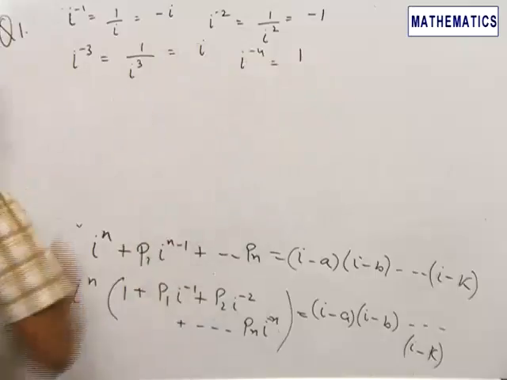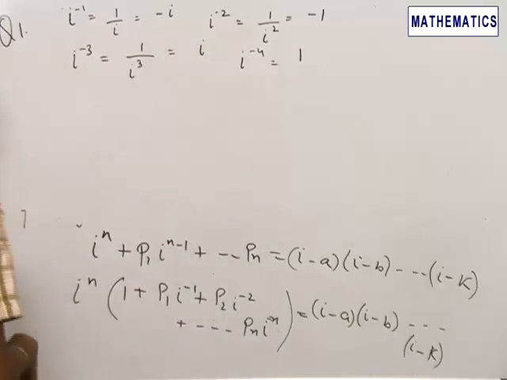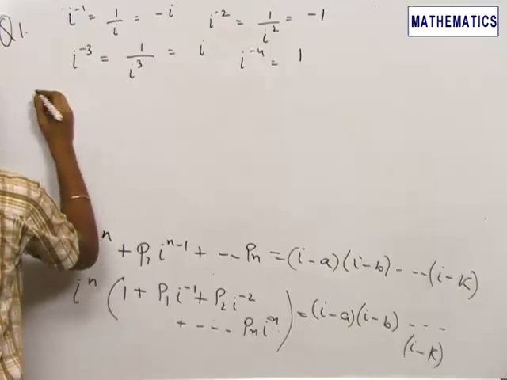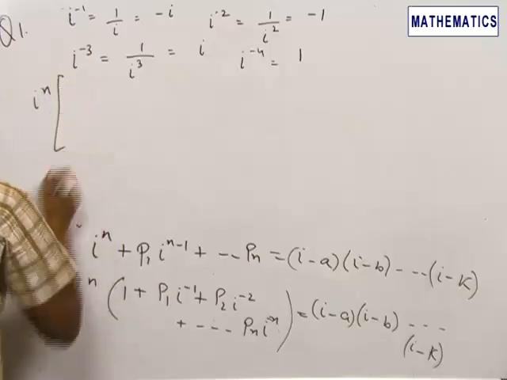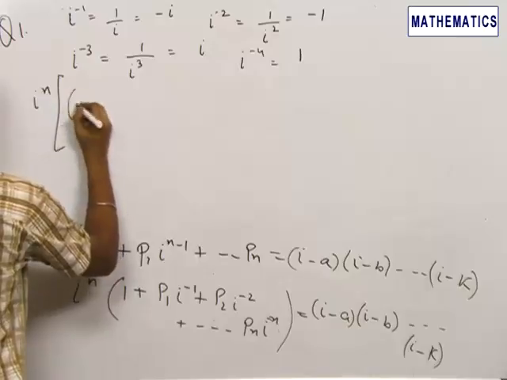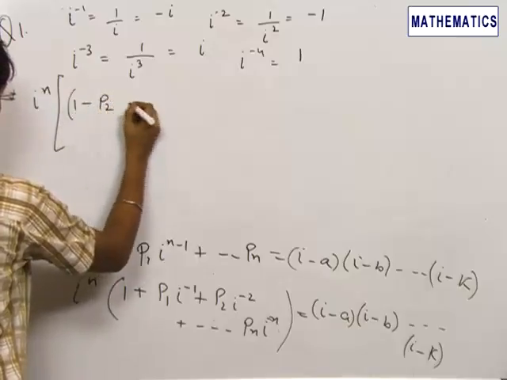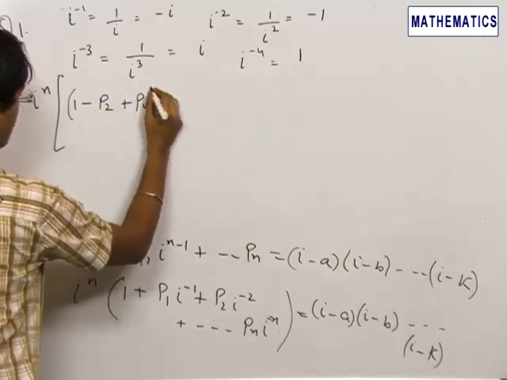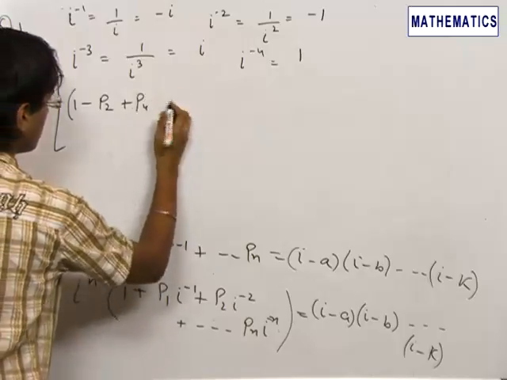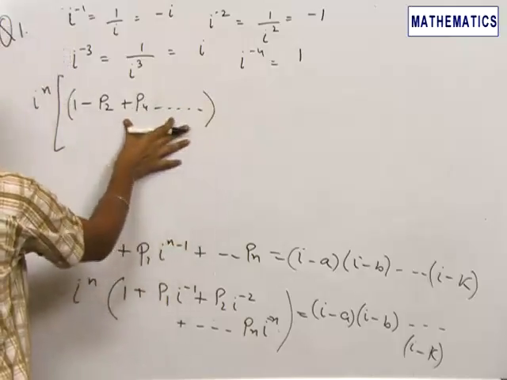So putting all these values in the given left hand side expression, we'll get iota power n into 1 minus p2 plus p4. This is the real part.